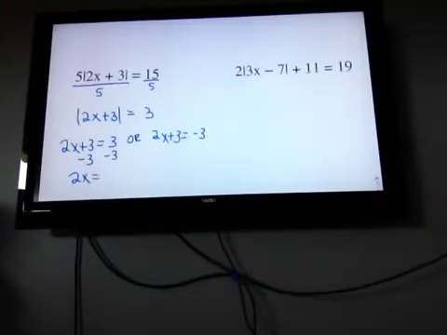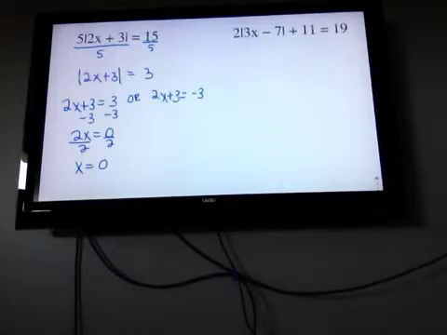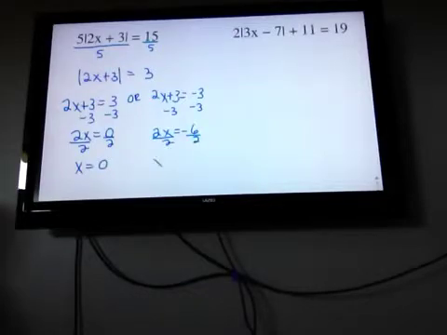So 2x equals 0, and divide by 2, and x is 0. 0 can be a solution. 0 is a number. The x's did not drop out of here. Don't give me a no solution on this. The x's are still there. And on the other one, subtract 3. So 2x equals negative 6. Divide by 2, and x is negative 3.